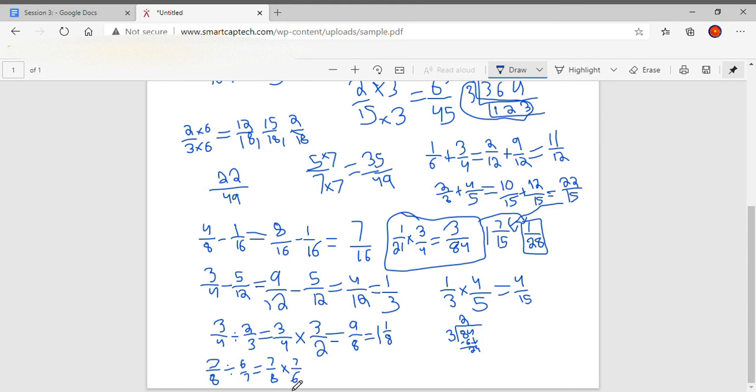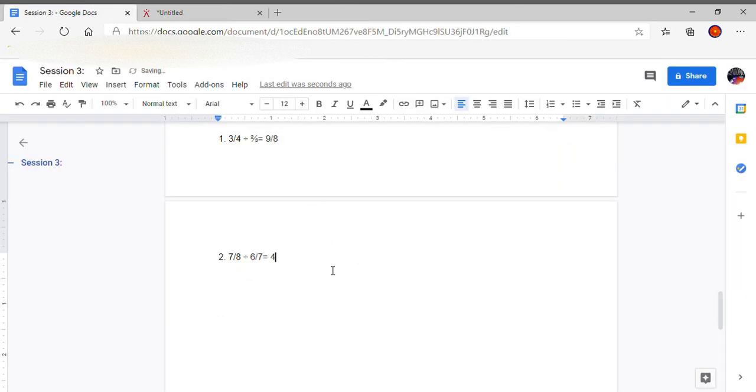So this would equal 49, and then this would equal 48. When you simplify this, once again, you get 1 and 1 over 48. Once again, I'll write it down as 49 over 48.